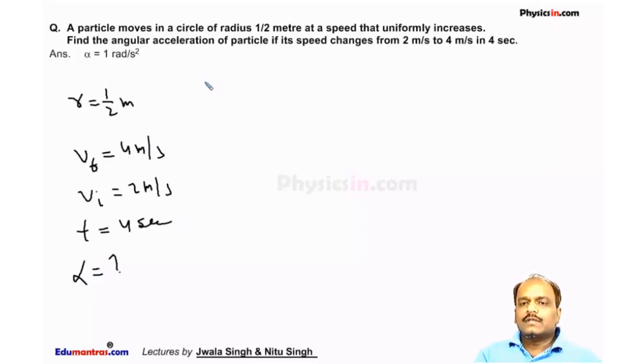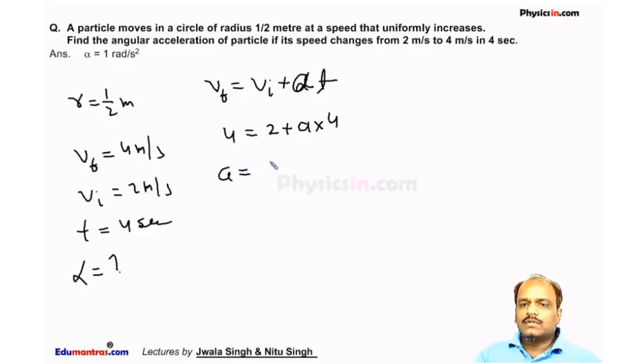Now we can say the final speed is initial speed plus a t. So the final speed is 4, that is equal to 2 plus a into 4 seconds. So we get a equal to 4 minus 2 divided by 4, that is 1 by 2 meter per second square. We also know the particle is moving in a circle, so a is also equal to r into alpha.